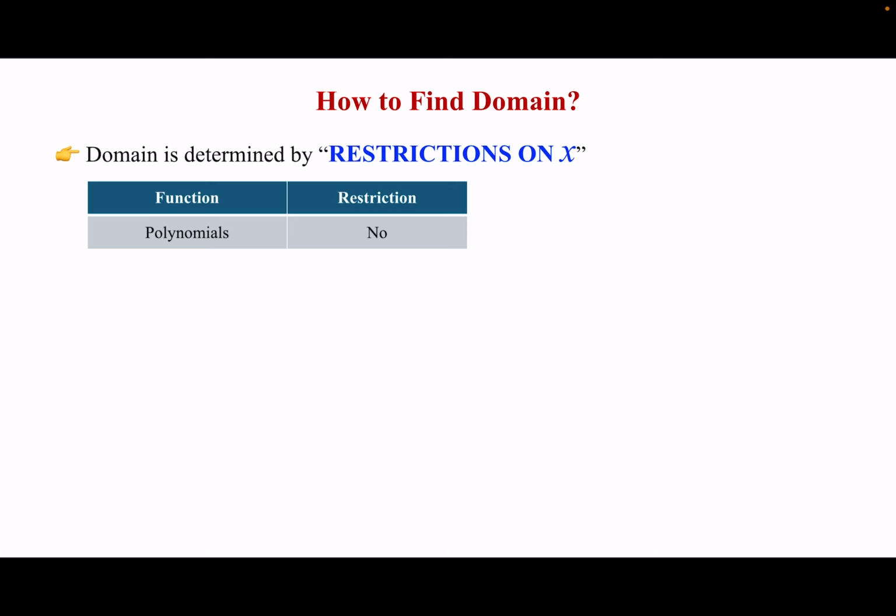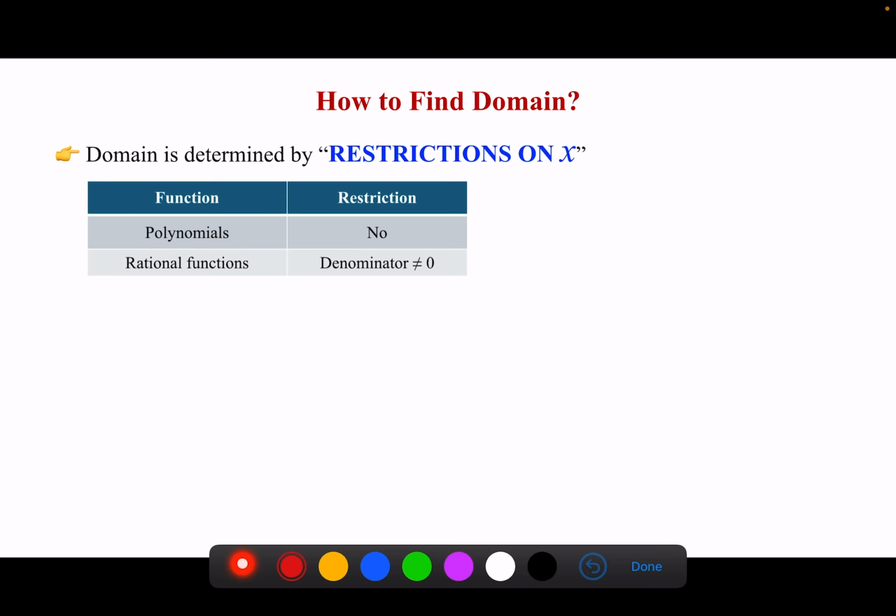They are defined everywhere, meaning they are defined for all real numbers. So domain for polynomials will be the set of all real numbers. For rational functions, the denominator must not be equal to 0. So this is the restriction for rational functions.